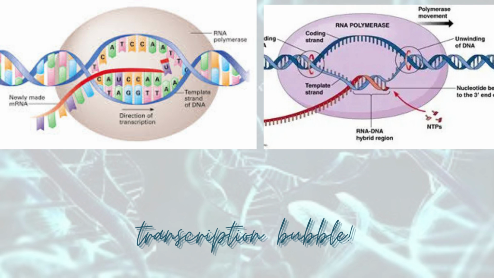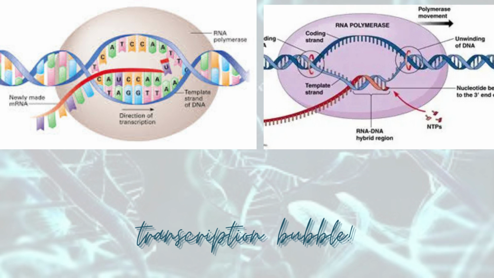Once it unzips, we attach the new RNA nucleotides to the antisense there to make the new mRNA there. And also, that is the same region where we have the 8 to 9 RNA-DNA hybrid base pairs.